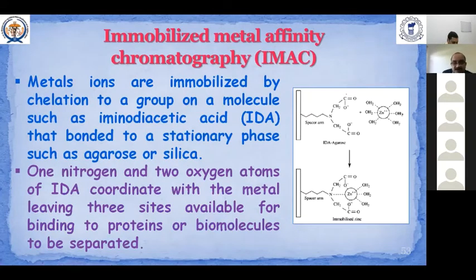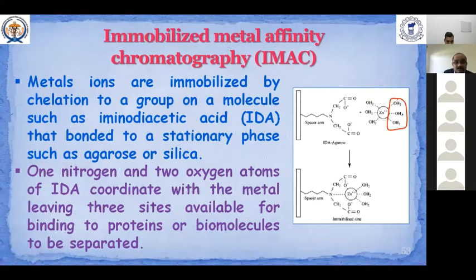In immobilized metal affinity chromatography, iminodiacetic acid is used, which chelates the bivalent ion by binding with 1 nitrogen and 2 oxygen atoms, because of which chelation, the 3 sites for chelation remain free.